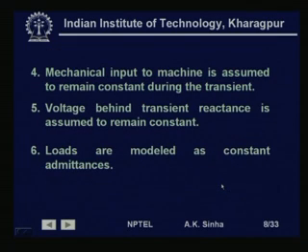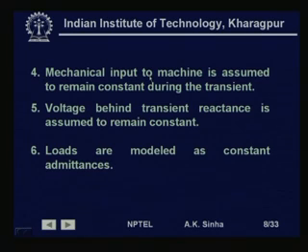The fourth assumption that we are making is that the mechanical input to the machine is assumed to remain constant during the transient. That is, in the short period of study that we are doing, we assume that the speed governor system of the generator is not active enough to increase or decrease the mechanical input as required by the speed of the system.